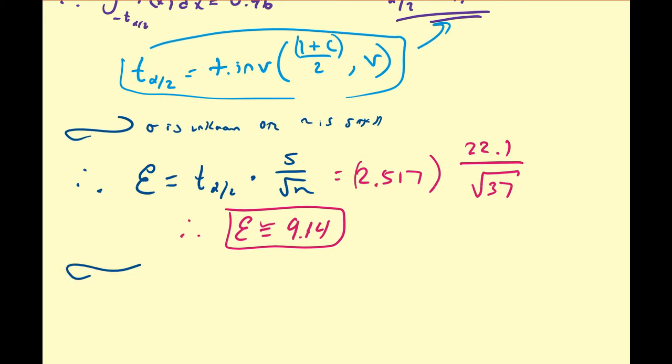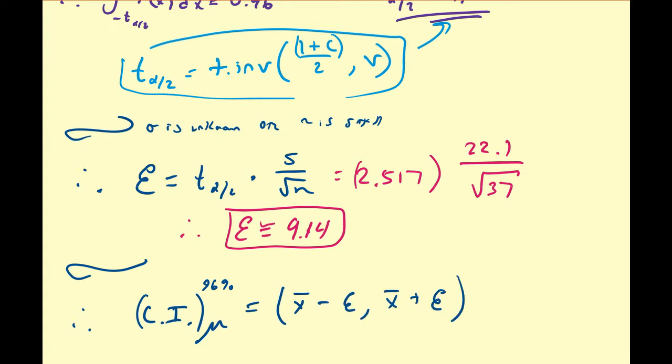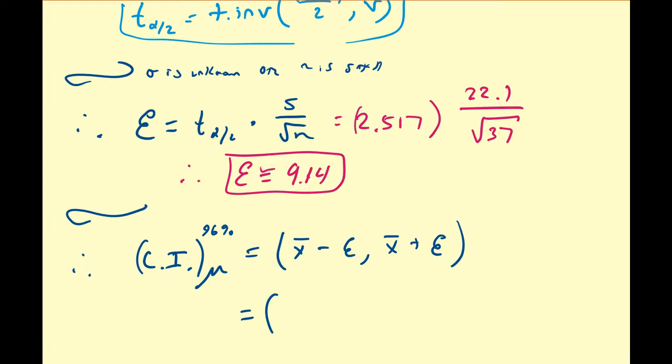So once we have this, then we're pretty much done. That means our confidence interval for the population mean weight of children born, and this is under a 96% level of confidence, is going to be equal to x bar minus the marginal error and x bar plus the marginal error. And the sample mean was calculated to be 3253, so 3253 minus 9.14 and 3253 plus 9.14.